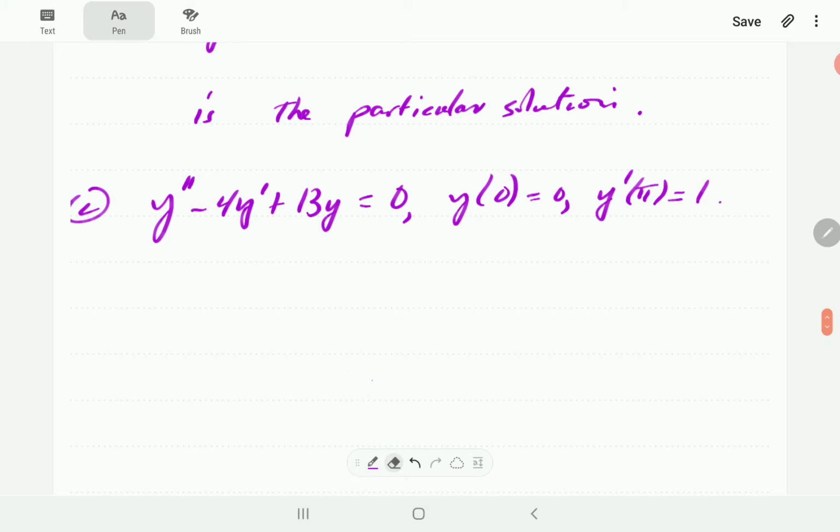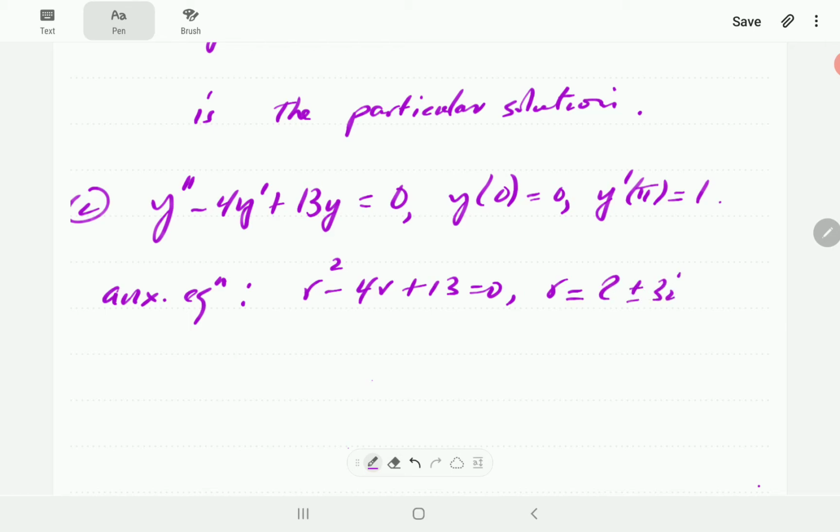The auxiliary equation, or characteristic equation, is going to be r squared minus 4r plus 13. Solving this using the quadratic formula gives us 2 plus or minus 3i.